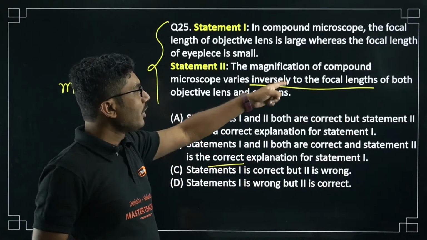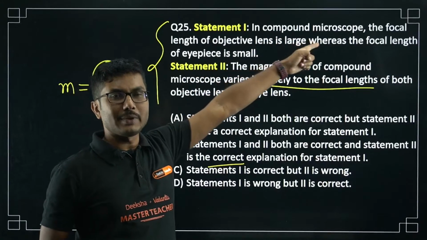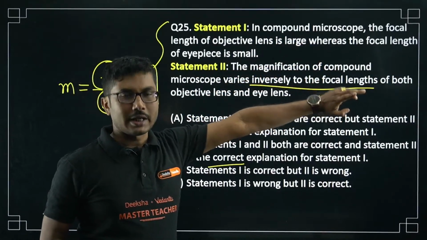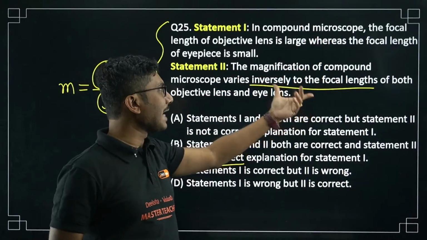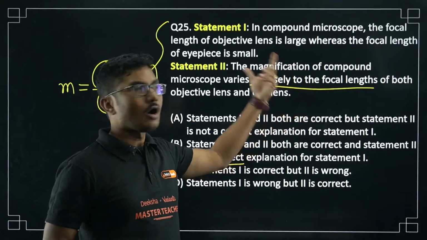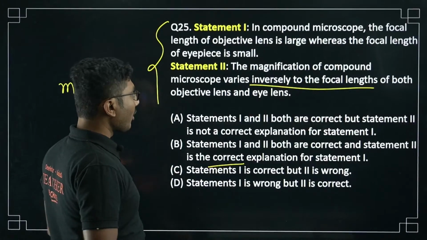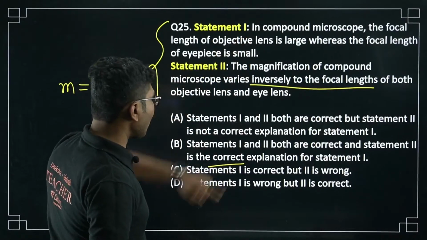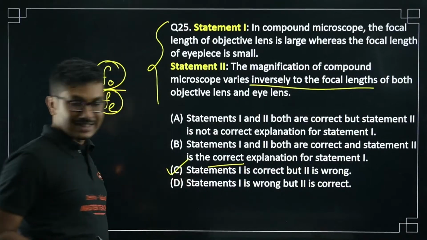So if both were inversely proportional, then both values should be kept smaller. But here they have said one is larger, one is smaller. So either they cannot be inversely proportional, or this is false and this is correct. So from there we can see that statement 1 is correct, statement 2 is wrong. So option C is correct.